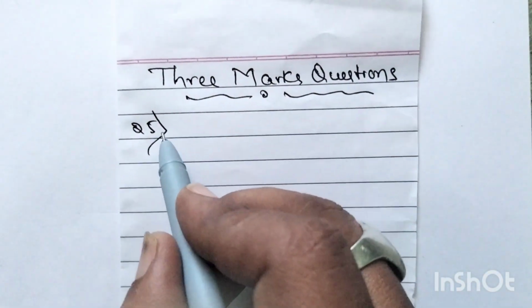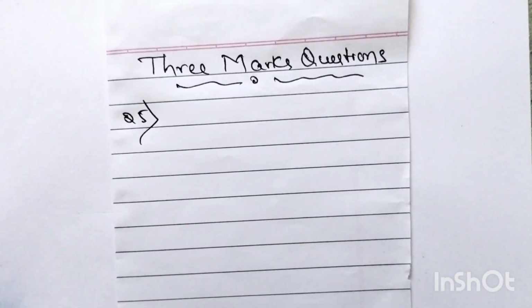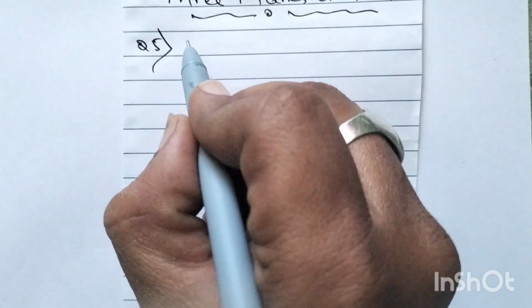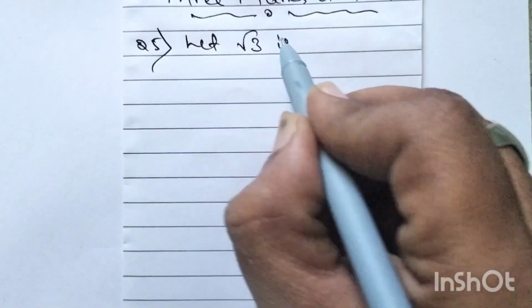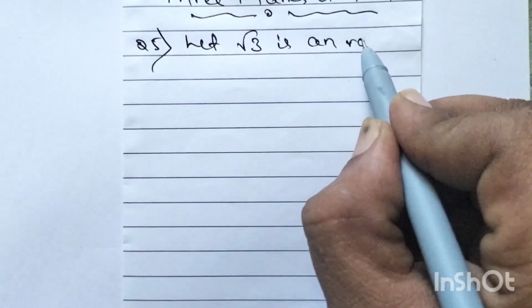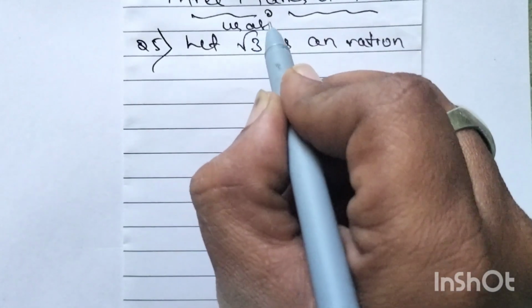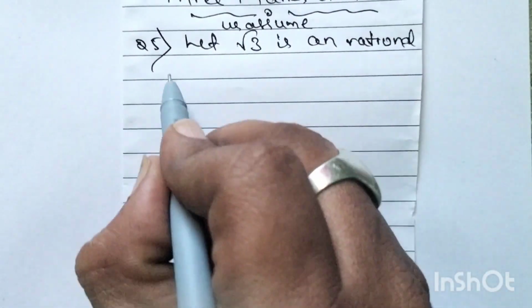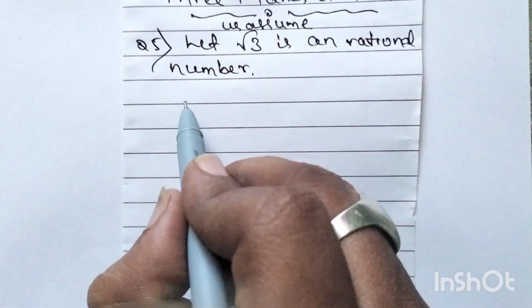So the first is we have to prove that root 3 is an irrational number. Let us solve it like this. The first sentence is: let us assume root 3 is a rational number.